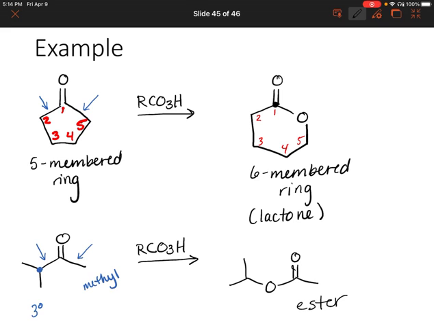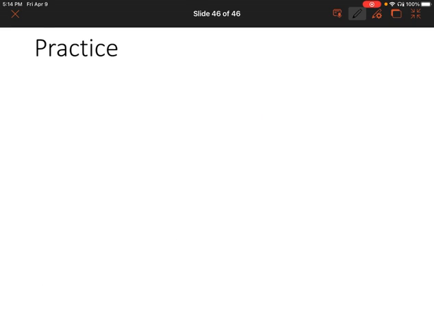Okay, so let's do a little bit more practice here. I'm going to give you some molecules, and you have to figure out where the oxygen would add in our Baeyer-Villiger oxidation.